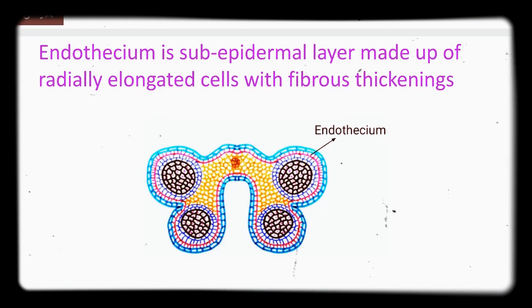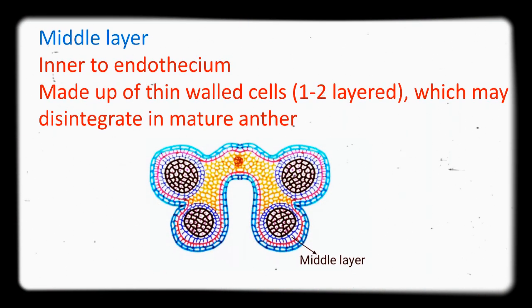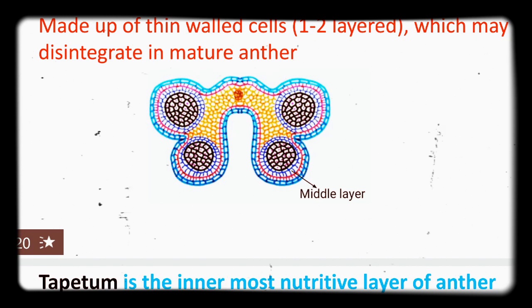Endothecium: beneath the epidermis there is one layer, indicated here with the red ink. It is subepidermal, made up of radially elongated cells with fibrous thickening. Beneath the endothecium is the middle layer, made up of thin walled cells, 1 to 2 layered, which may disintegrate in the mature anther.